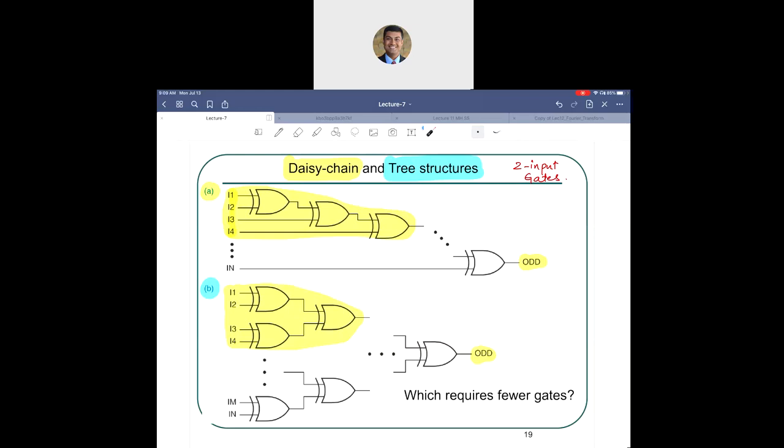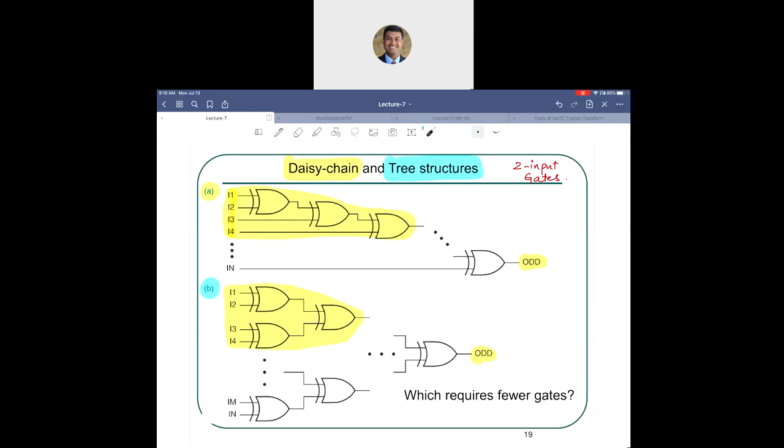So Kevin is right. It depends on how many inputs you have. But in general, daisy chain can do with fewer gates compared to tree structure. But in some cases, it might be equal to tree structure, like we saw for I4.